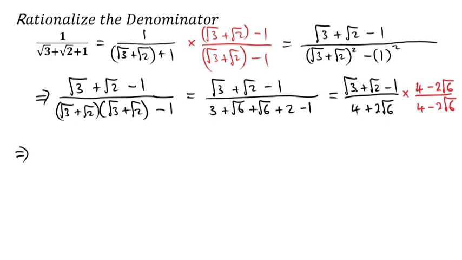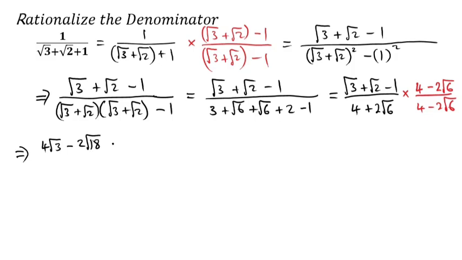So in the numerator, root 3 times 4 is 4 root 3. Then root 3 times negative 2 root 6, that will be negative 2 root 18.